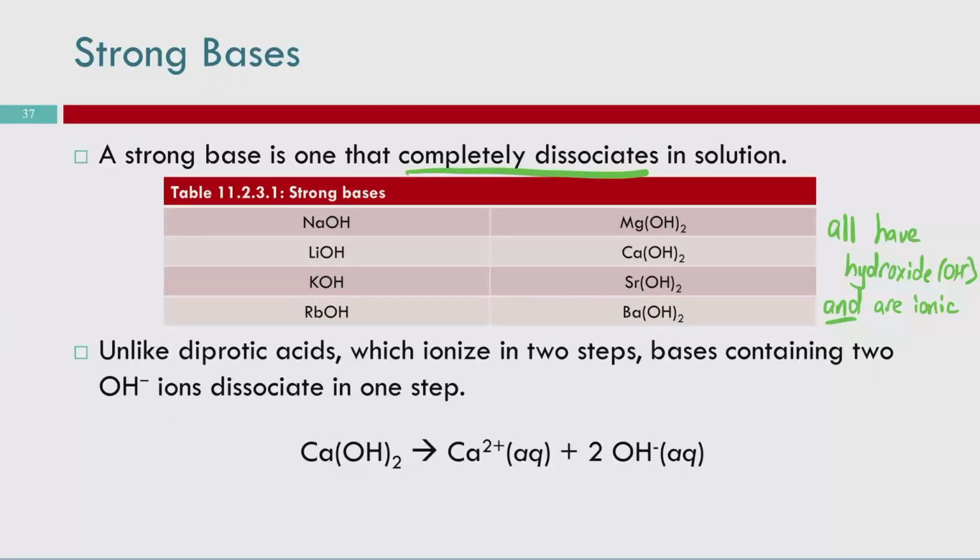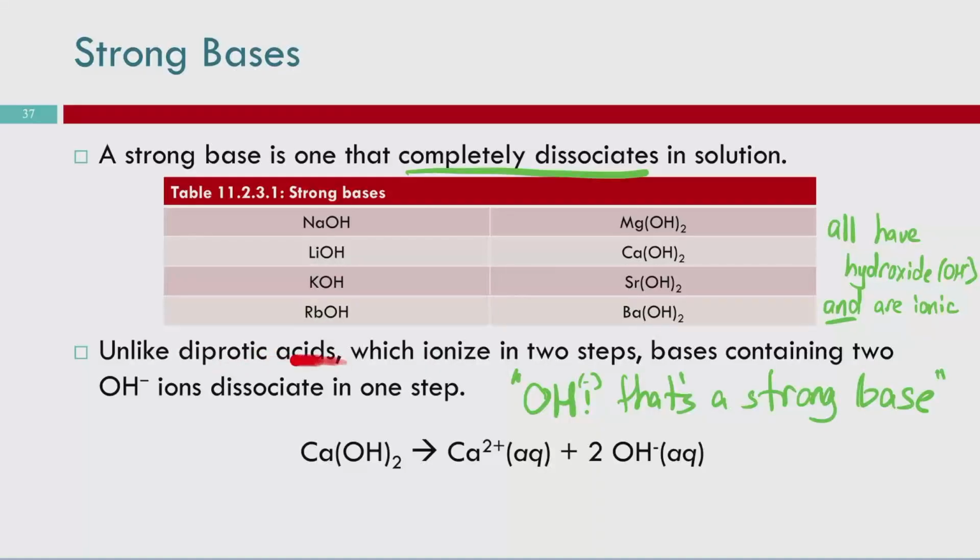So when you see something like this, you see that OH, you think to yourself, oh, with the secret minus there, that's a strong base. There's a little catchphrase: oh, that's a strong base.